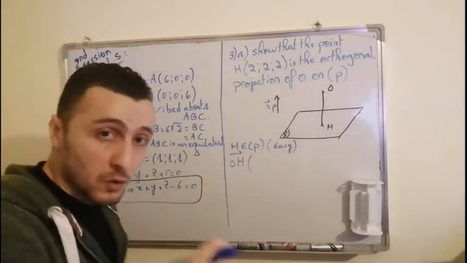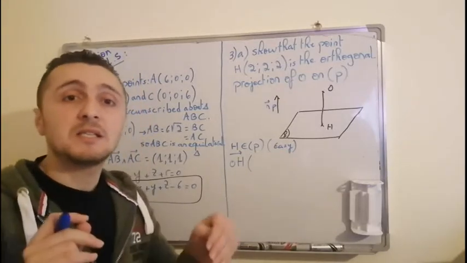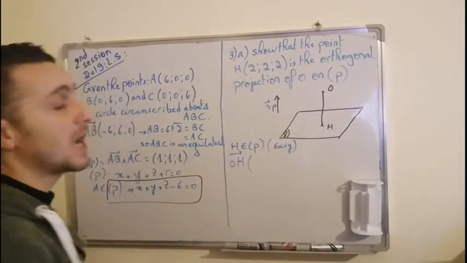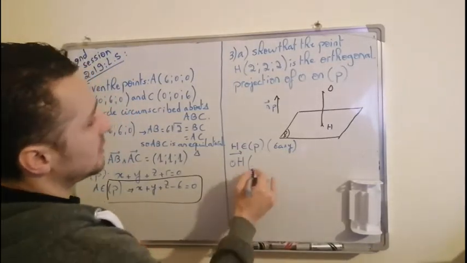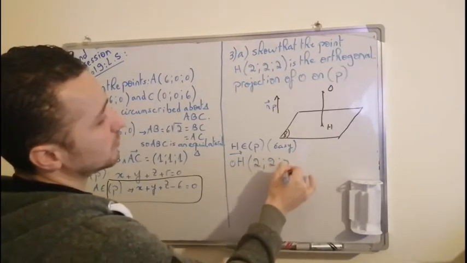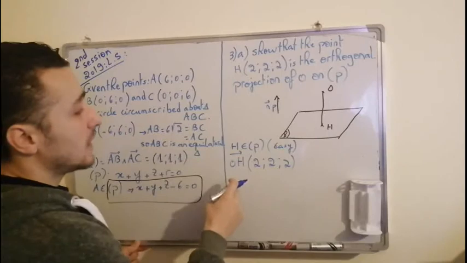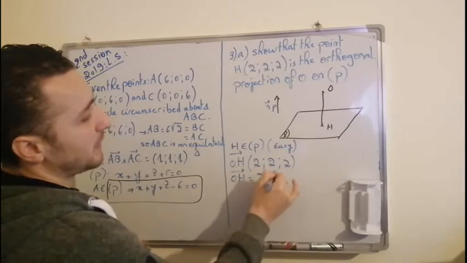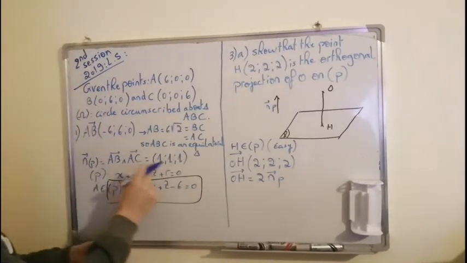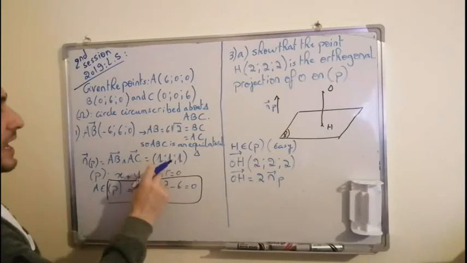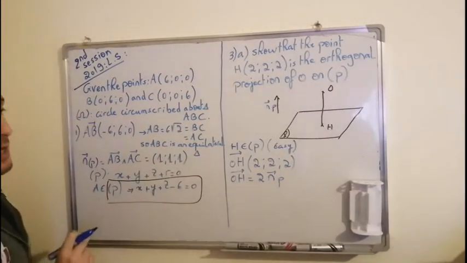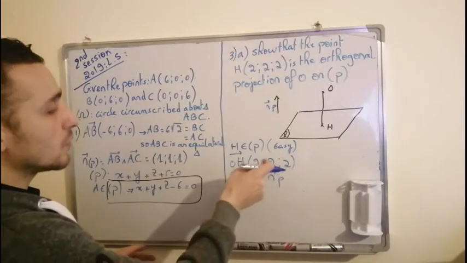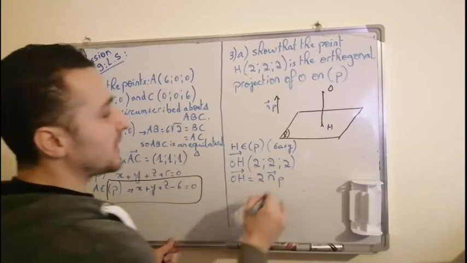The coordinates of point O are (0, 0, 0), since O is the origin of the orthonormal system (O, I, J, K). Okay? H is (2, 2, 2). So it's clear that OH equals 2 times NP. The normal vector of plane P has coordinates (1, 1, 1). So it's easy to show that OH equals 2 NP.